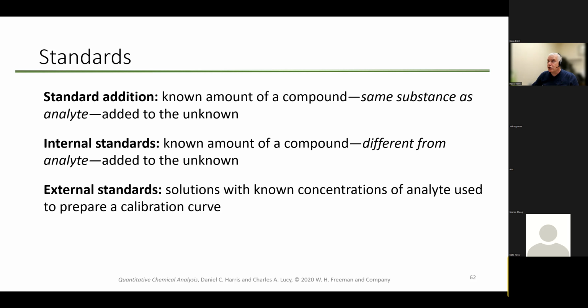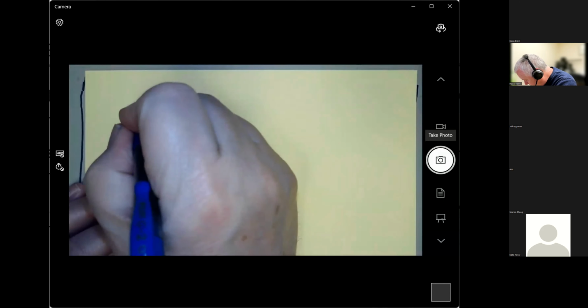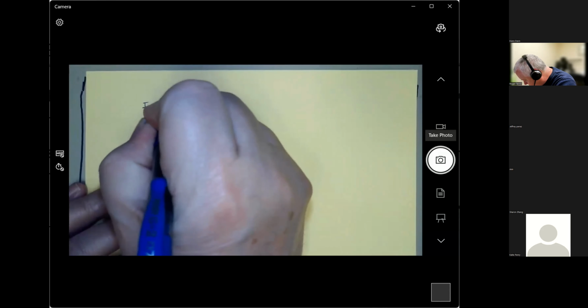Let me share here. We'll share camera. Internal standards.